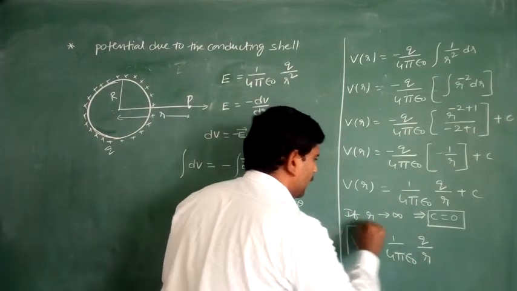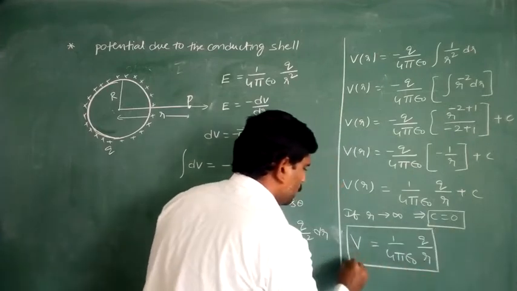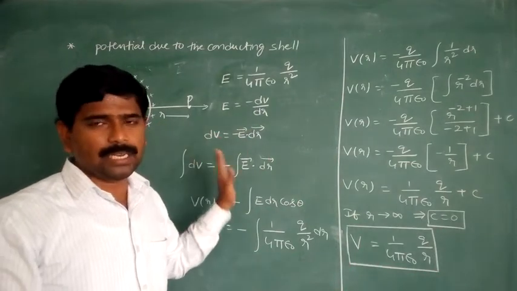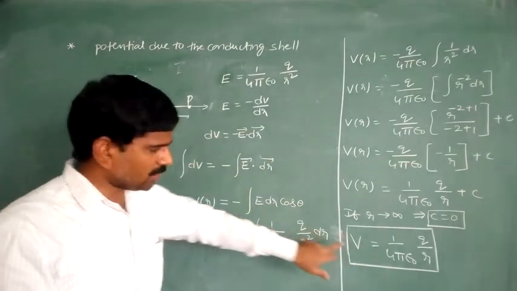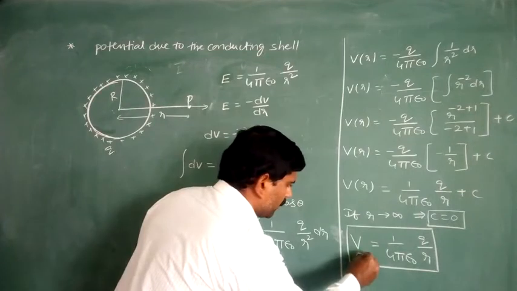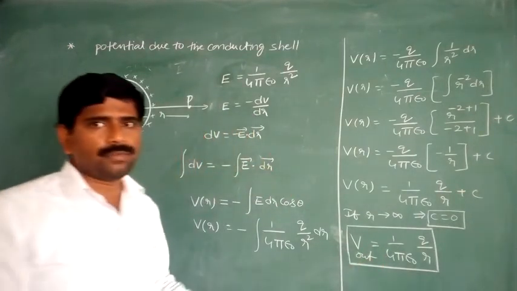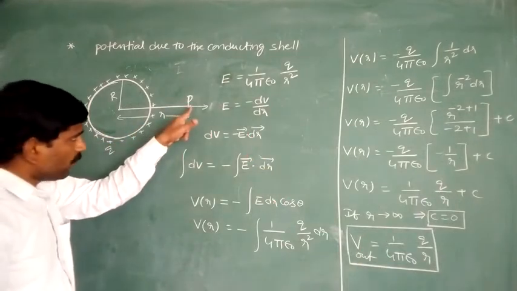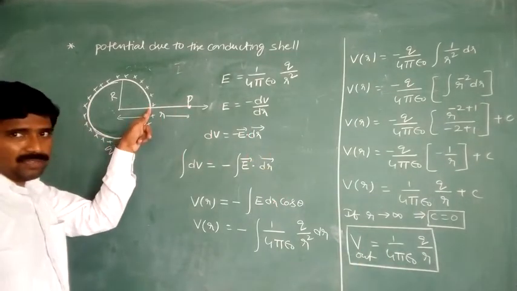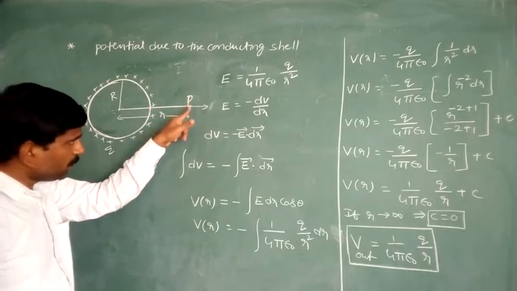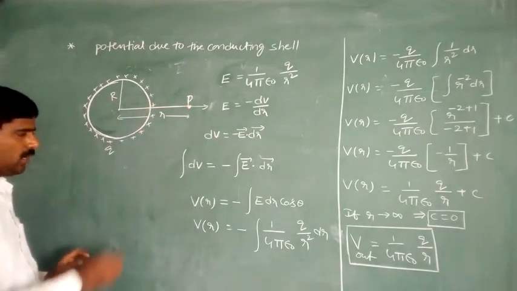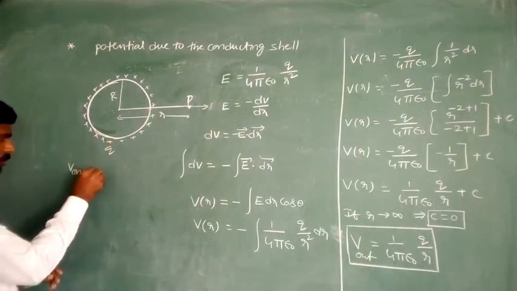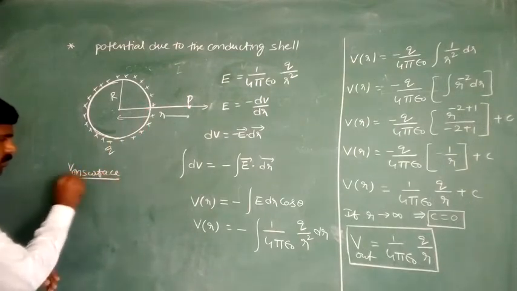This is the electric potential due to this charged spherical shell, at an outside point. V outside. In case of the surface, right now this point P is on the surface of the shell. So here V on surface is equal to, how?